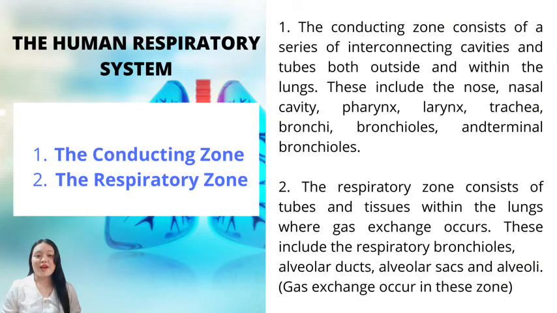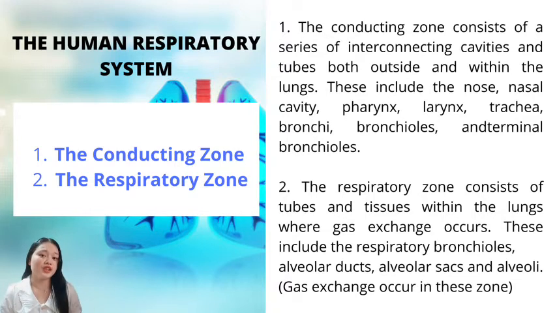The human respiratory system can again be classified into what we call the conducting zone and the respiratory zone. The conducting zone consists of a series of interconnecting cavities and tubes both outside and within the lungs. These include the nose, nasal cavity, pharynx, larynx, trachea, bronchi, bronchioles, and terminal bronchioles.